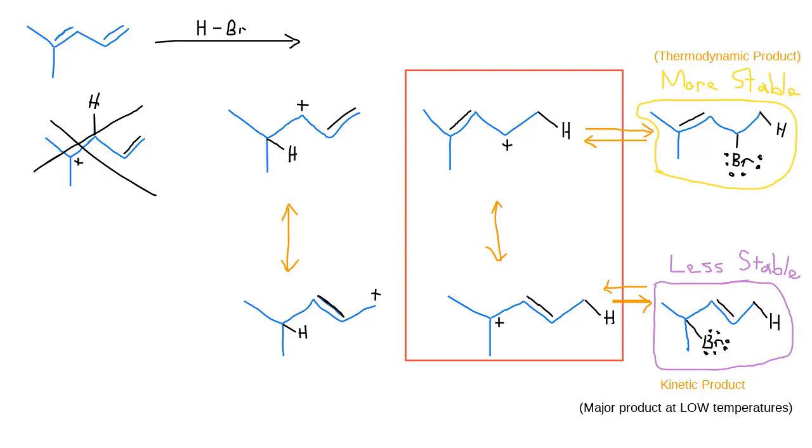But at low temperatures, it doesn't have enough energy to reverse itself, and it doesn't have enough energy to overcome the activation energy needed to add to that secondary carbocation position. So the top one would be the major product at higher temperatures.